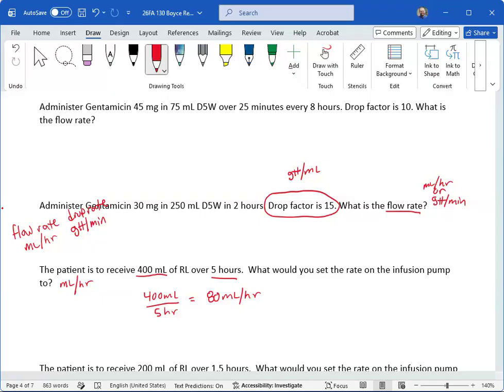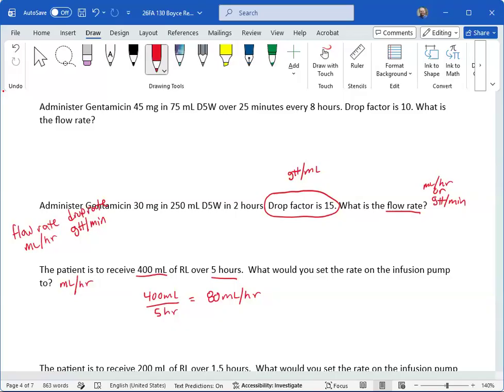The other thing to be considerate of and understand is that when you're calculating drops, you cannot give somebody a partial drop. You have to give them the full drop. Okay. So there is no such thing as a partial drop. So all that stuff is out of the way.